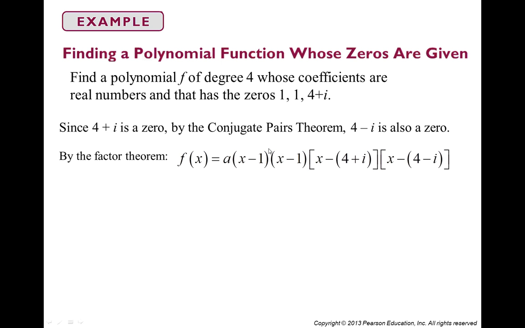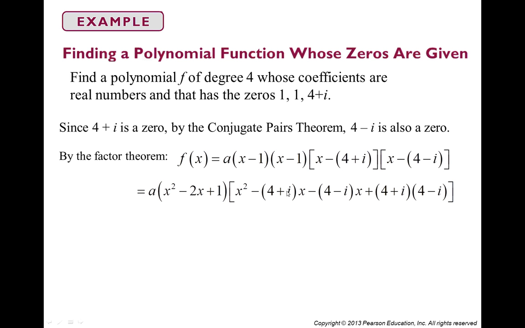Multiply this all out. So this first factor becomes x squared minus 2x plus 1. And then the second becomes x squared minus (4 plus i)x minus (4 minus i)x plus (4 plus i) times (4 minus i).